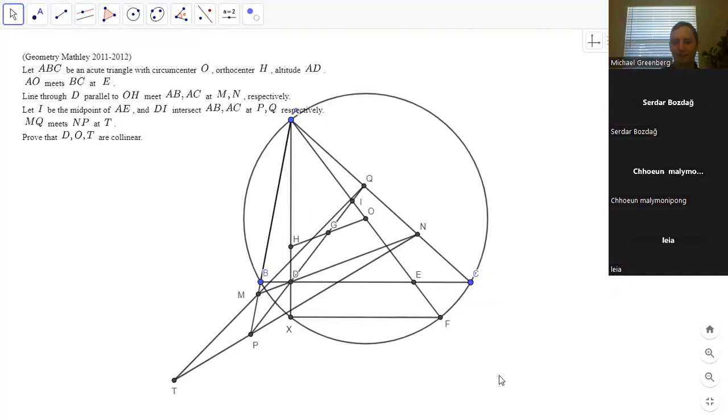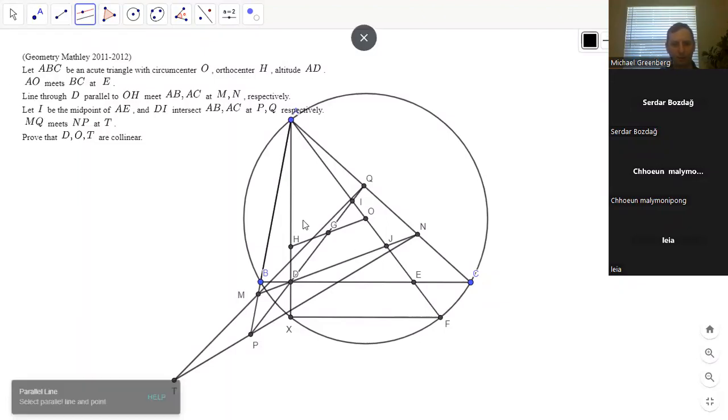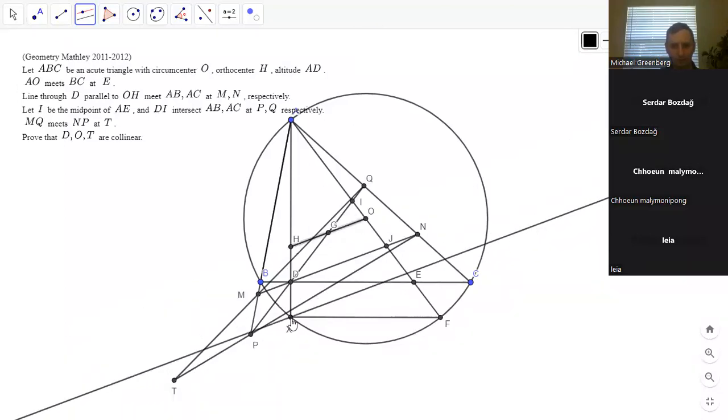Can you also name the intersection of MN with AE? Yes. I wonder if XE is no.